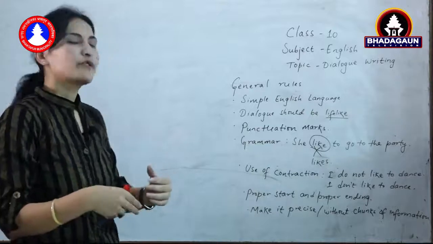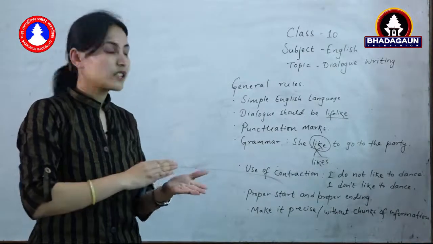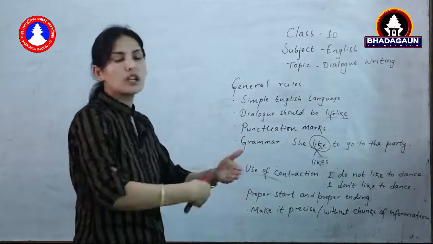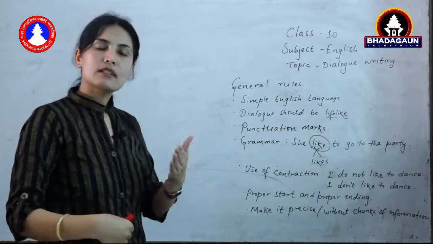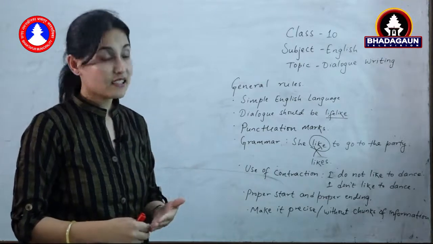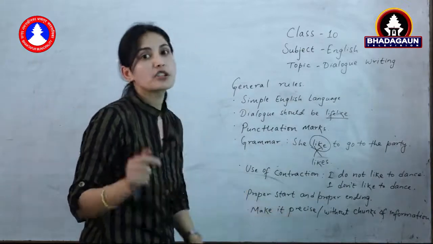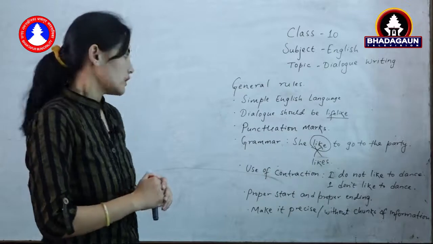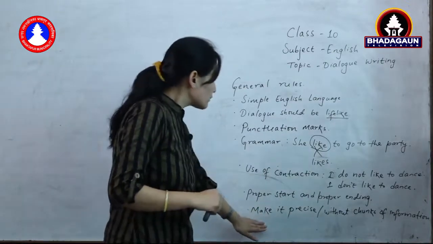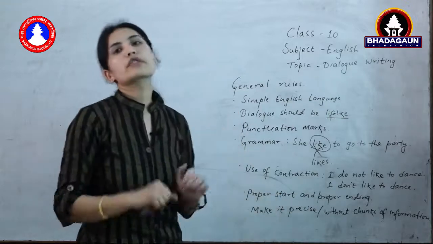Whenever we write dialogue, we start our creativity in such a way that we tend to write very long dialogue. So you have to focus that there must be 6 exchanges, and make it precise, meaning there must be the information that you are to give. Of course, you are bound within the situation. So whenever you write the dialogue, make it precise and don't add chunks of information.